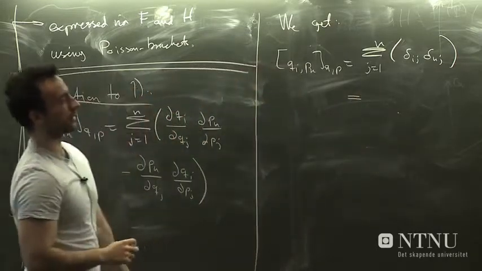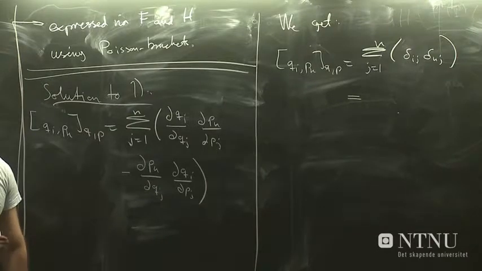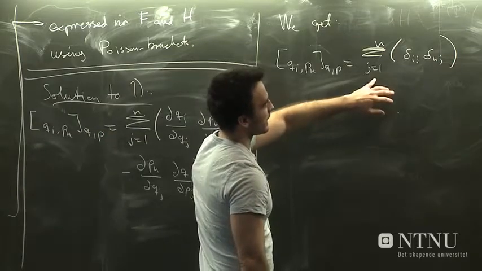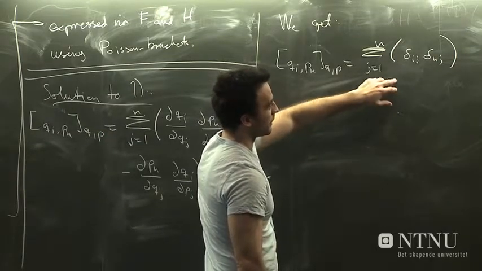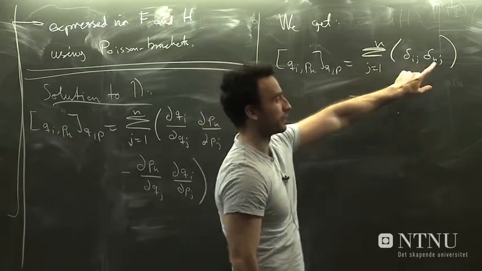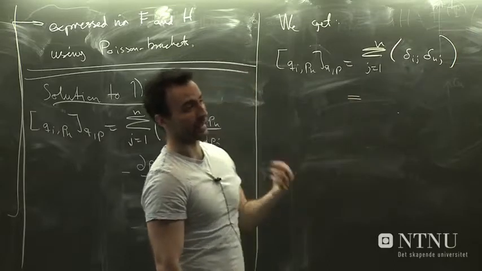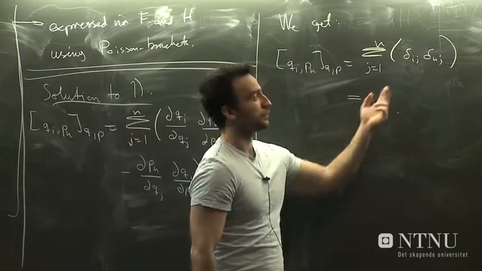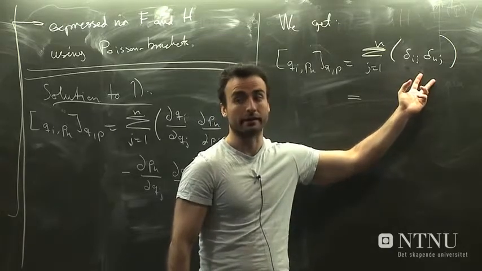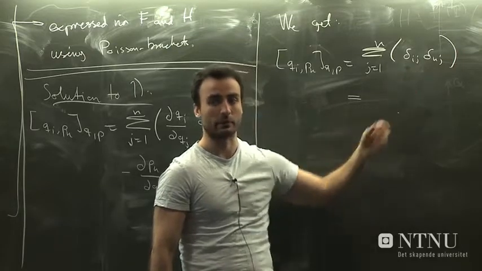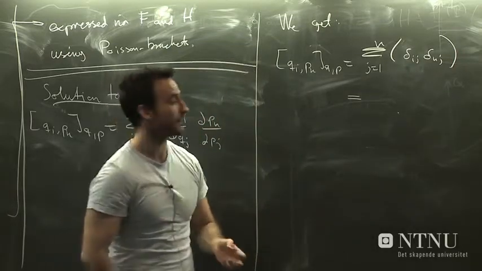Now we only have to figure out when this sum gives a finite contribution, if it does anywhere. So we have a sum over j, and this only becomes non-zero if j equals i. This only becomes non-zero if j equals k. But the product of these two combined is only non-zero if it happens at the same time, meaning that we have to have i equal to k.